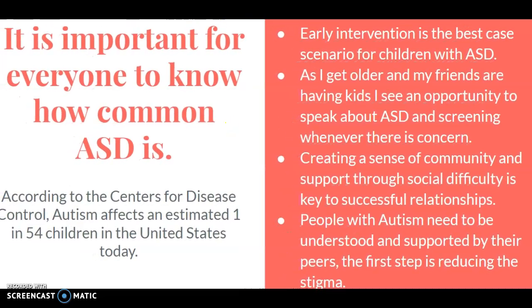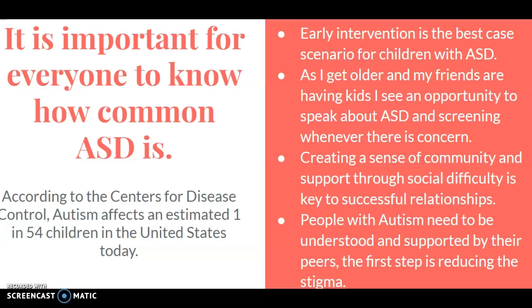What I think is so important for everyone to know about autism is that it is so common. An estimated 1 in 54 children in the United States today is diagnosed with autism. That's very common.